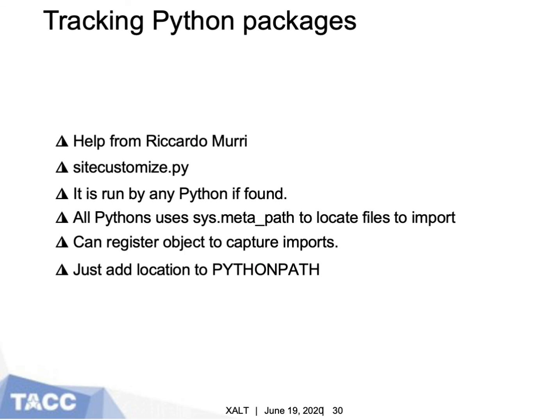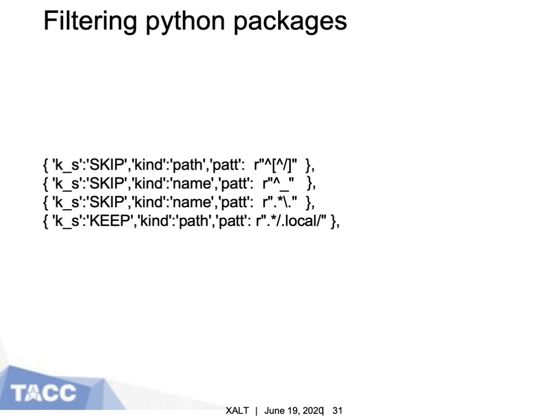And then all Pythons use this array of objects stored in sys.meta_path to locate the import. So you can add code there which can capture the imports. So this is pretty slick.